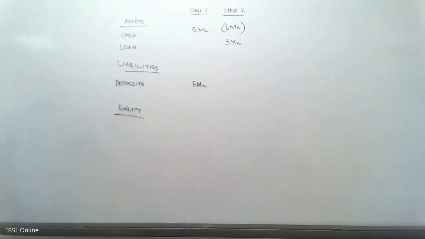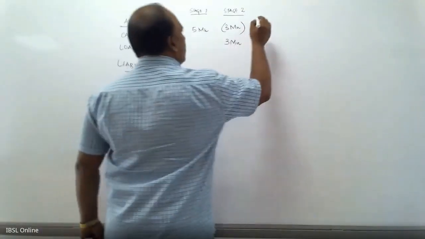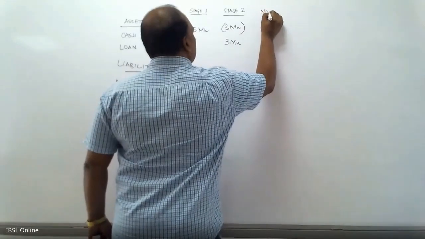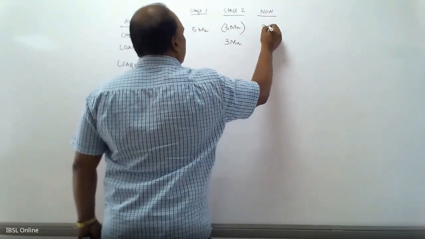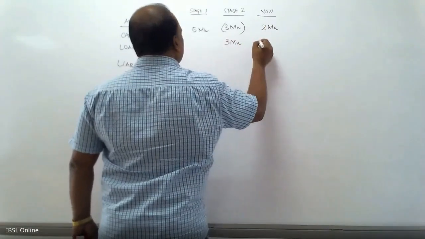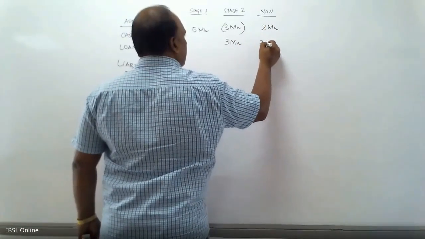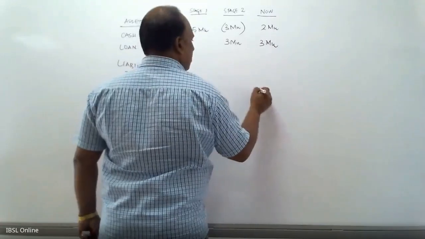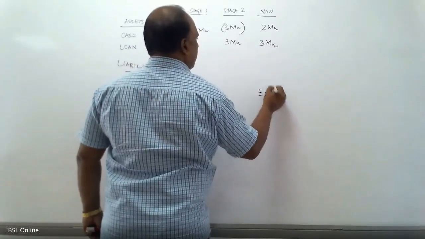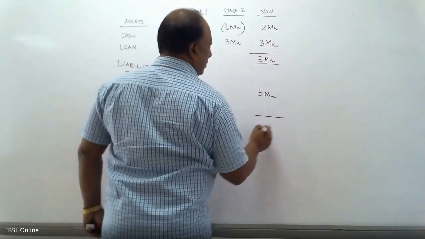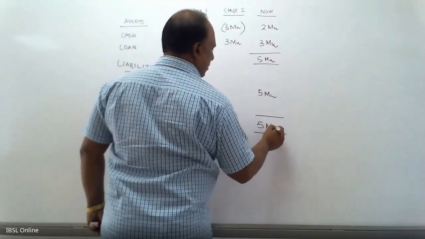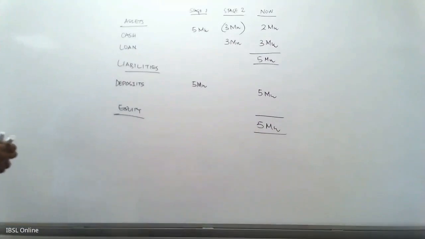Okay, so now look at your balance sheet. How will it look? 5 million minus 3 million is 2 million cash. Loan is 3 million. And deposits are 5 million. So again, your assets and liabilities agree. Now, what do we try to understand by the term offsetting?